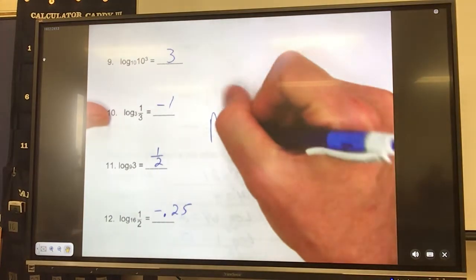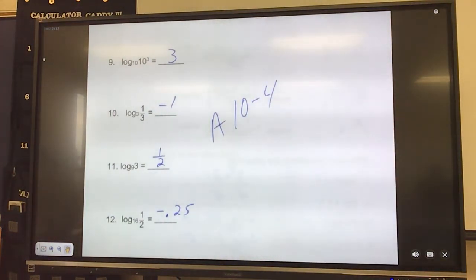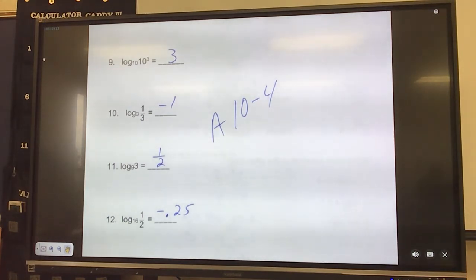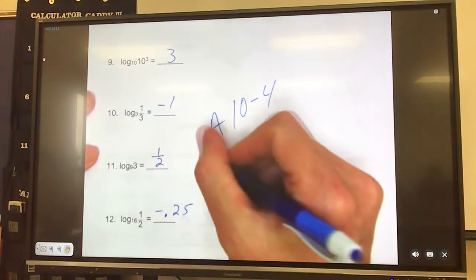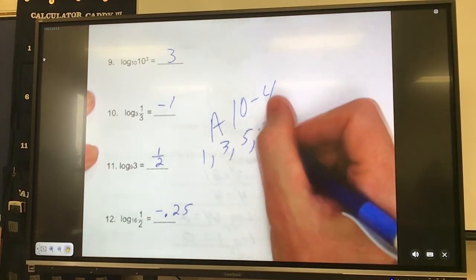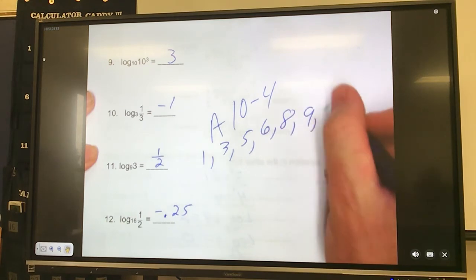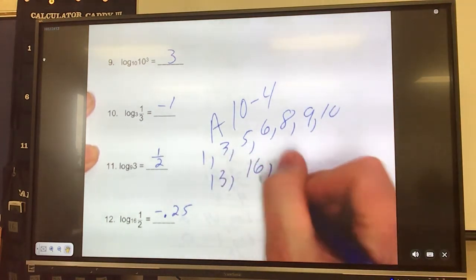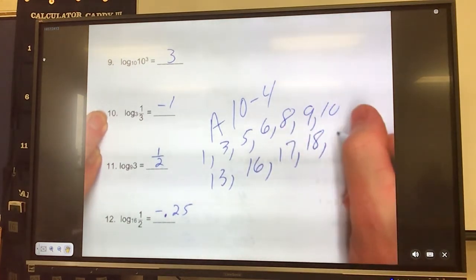You're doing A10-4. On A10-4, you're going to have a few of these, but remember they're quick and easy. On 10-4, we're doing numbers 1, 3, 5, 6, 8, 9, 10, 13, 16, 17, 18, 20.